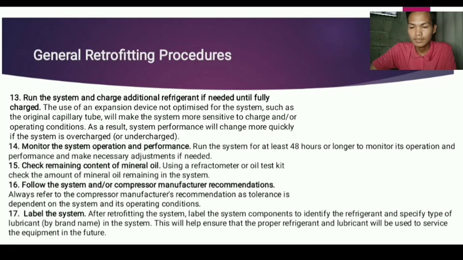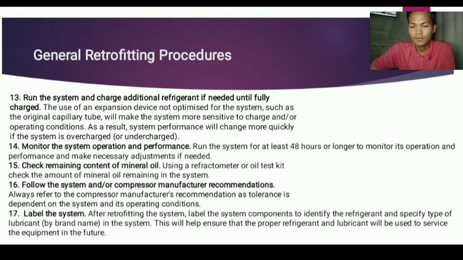Number 17 or last number, label the system. After we retrofit the system, we need to label the system components to identify the refrigerant and specify the type of lubricant by brand name in the system.